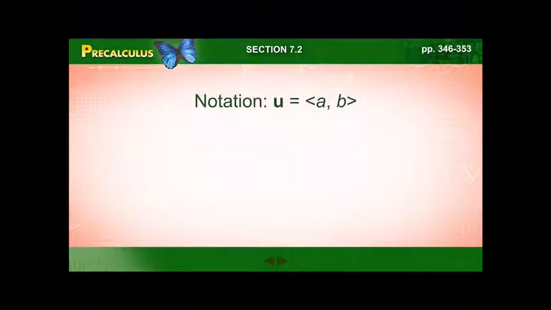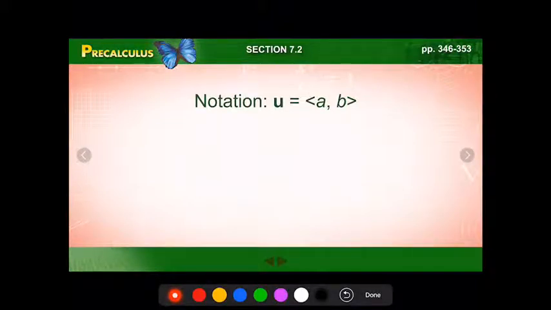Okay. The way this textbook chooses the right vector notation is they're going to use the letter U, and it's going to be bold. So anytime you see that bold U in a problem, it's pretty emphasized, and that's how it indicates that it's a vector. And again, we've already talked about vector notation. That's the way it's written.